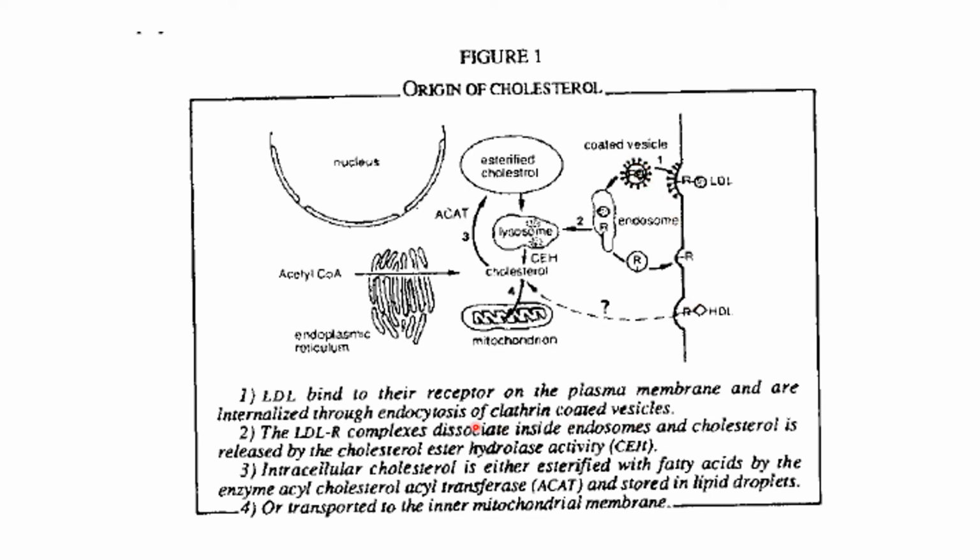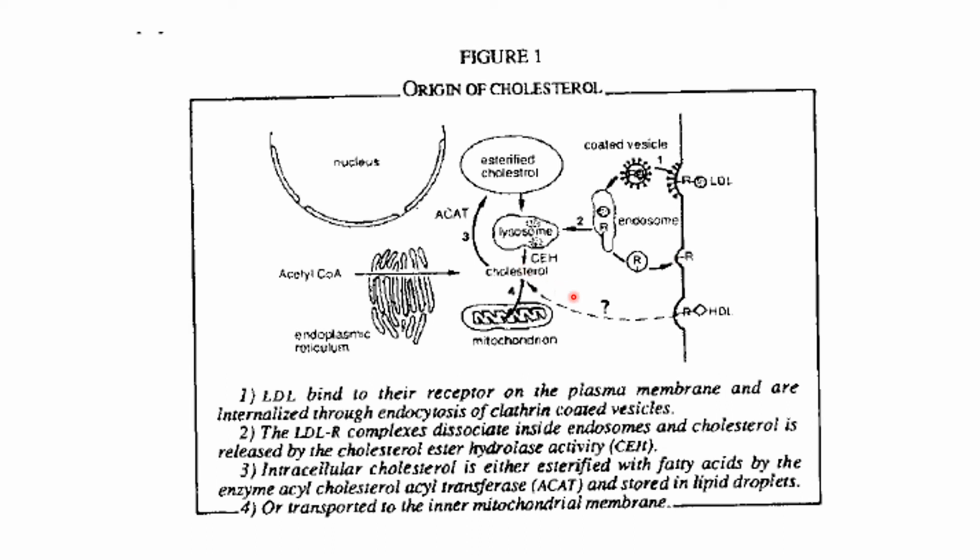The LDL receptor complex dissociates inside the endosome, which is a bag of enzymes. So the LDL receptor comes in, it falls apart in the endosome, and cholesterol is released by cholesterol ester hydrolase activity, or CEH. Here comes the endosome. It's now a lysosome. What came out was a receptor. It got recycled.